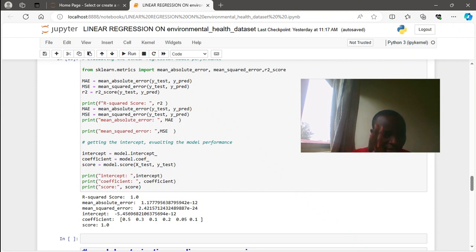So when given that data in a very appropriate manner, it means that we are going to get a model which is good for prediction. So here for mean absolute error we have 1.17, meaning that the value is at least slightly small, meaning that the model is good for predictions. Then intercept and coefficient.